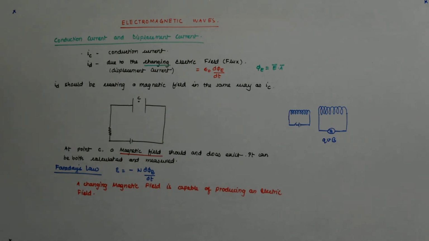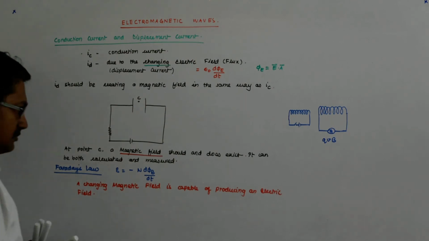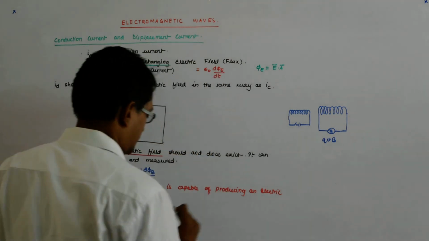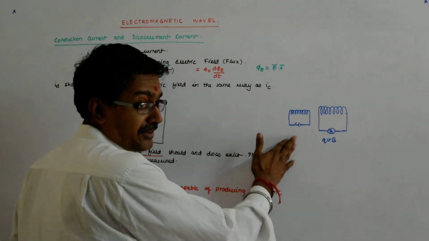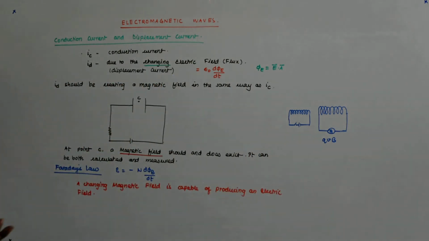A changing magnetic field can produce an electric field. That is the most important conclusion of Faraday's law.